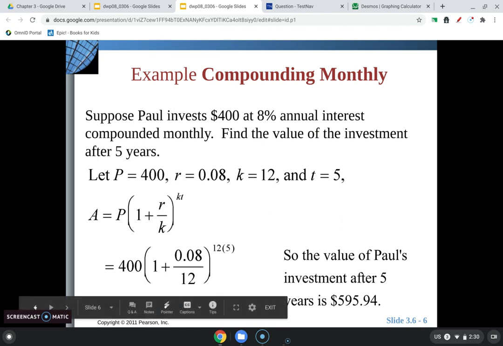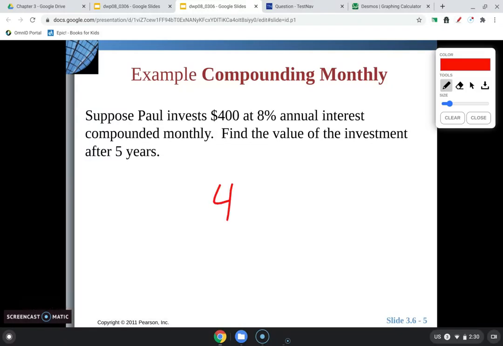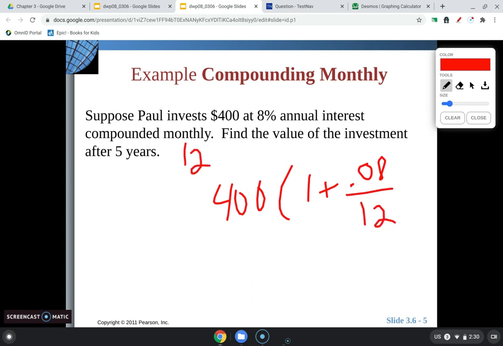All right. So suppose same Paul, 400 bucks times 1 plus 0.08 divided by 12, compounded monthly. So that means our K is going to be 12. Find the value of the investment after 5 years. Well, if it's going to go 12 times a year for 5 years, that means we take 12 times 5, which gives us 60. So I would take 0.08 divided by 12.